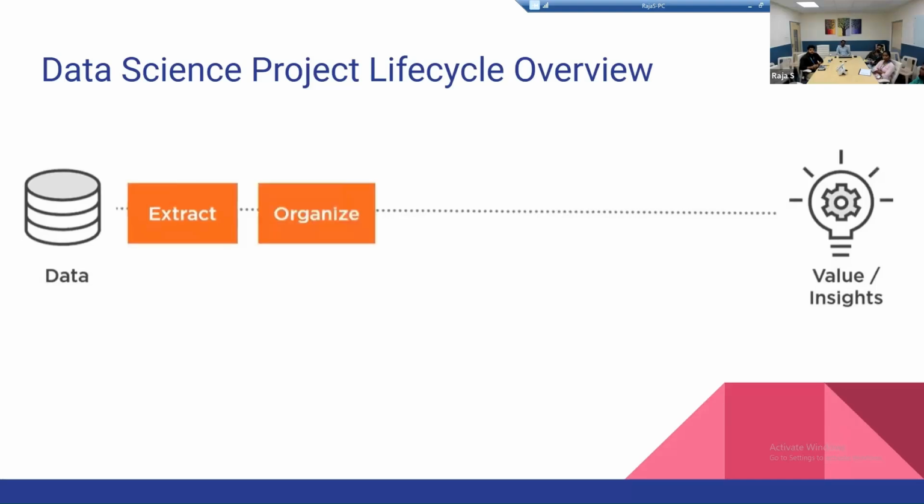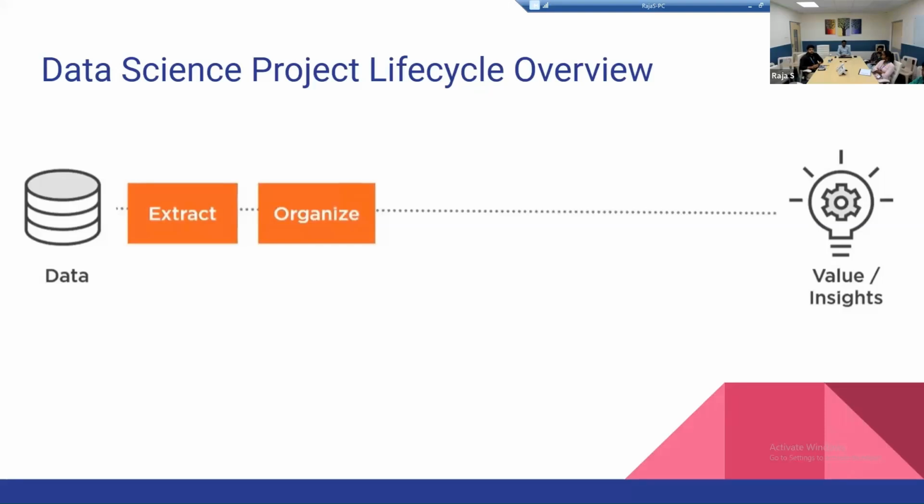Next one is organize. First we extracted the data, then we have to organize it. We have to remove the unwanted things, and we have to do some data manipulations. There may be missing values, null values, and outliers. So we have to correct those data first. So that is organizing the data.